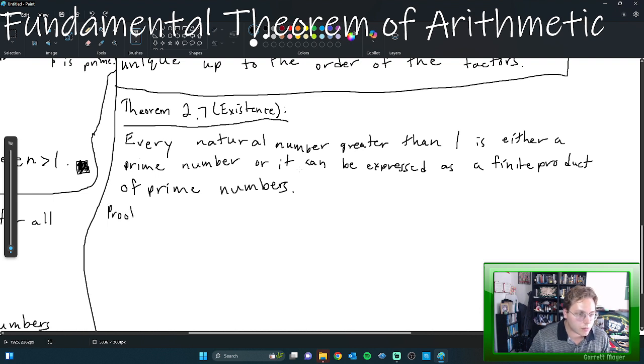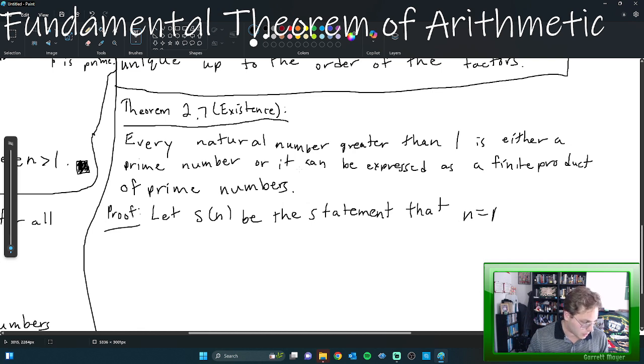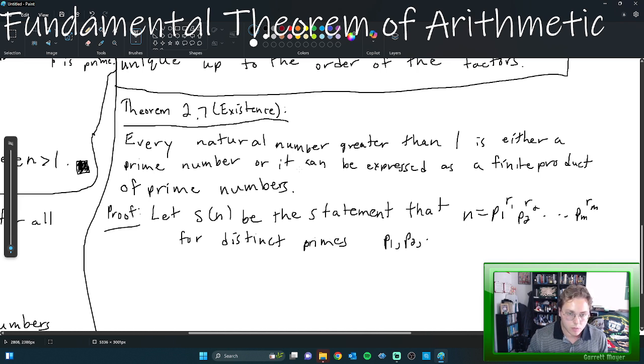So for the proof, let S(n), so this is going to write this out a little bit more formally, be the statement that n equals p1^r1 p2^r2 ... pm^rm for distinct primes p1, p2, ..., pm, and natural numbers r1, r2, ..., rm.